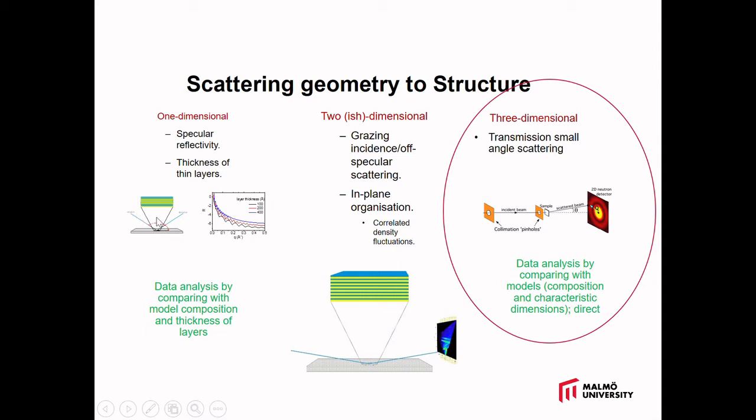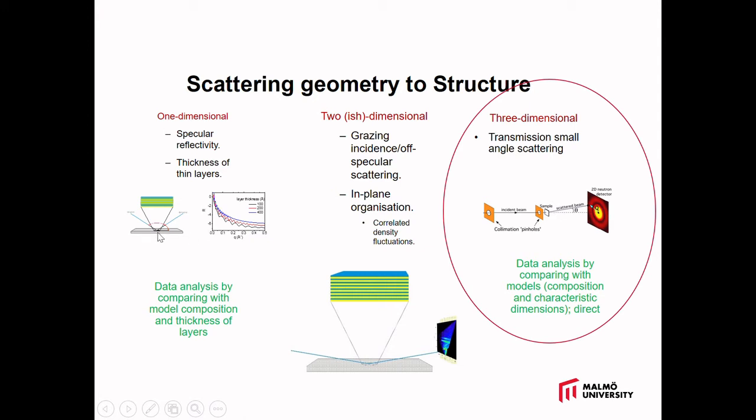We measure the intensity as a function of angle, so there's a beam of X-rays or neutrons which have an incident angle on the sample, and we have a detector that can be an area detector or a point detector which measures at the same angle, the reflected beam. And we look at the relative intensity of that reflected beam as a function of this angle, or how it's normally expressed in terms of the wave vector q, and this is the reflectivity.